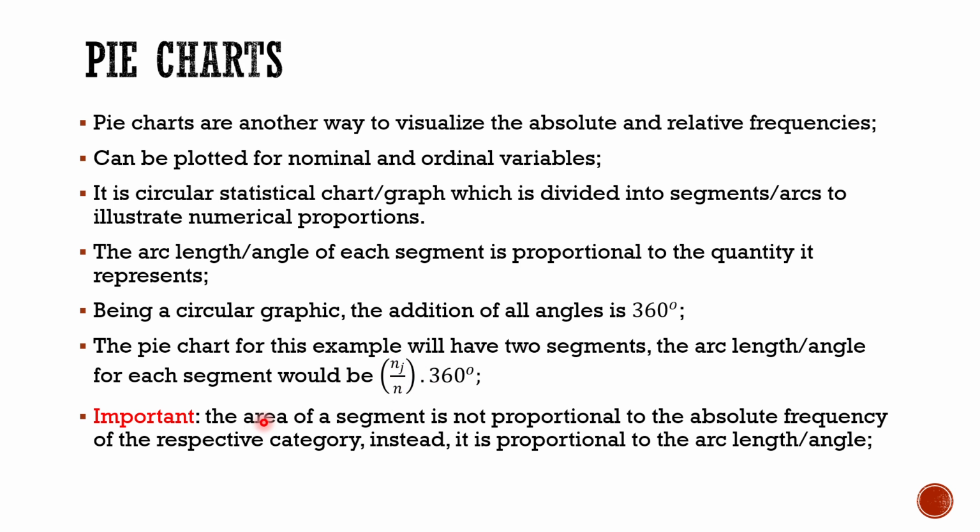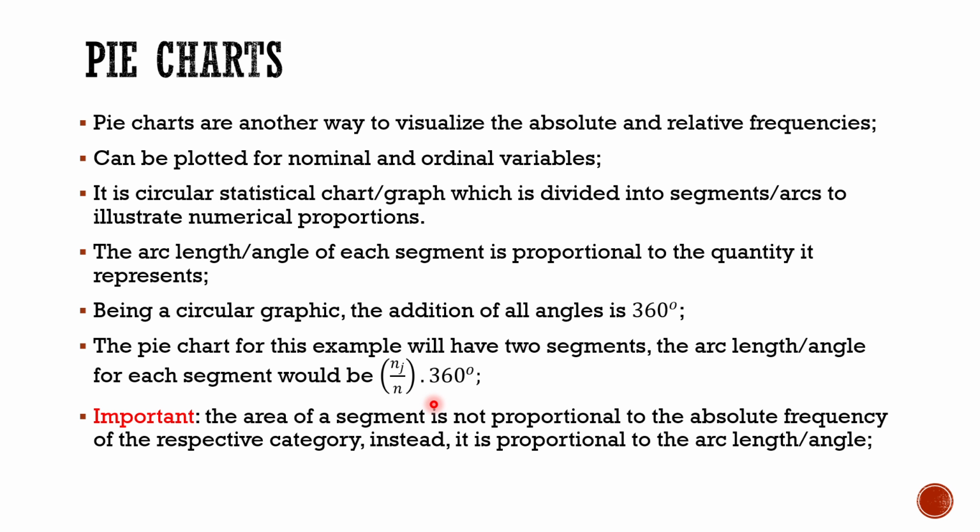It is very important to mention that the area of a segment is not proportional to the absolute frequency of the respective category. Instead, it is proportional to the arc length or the angle. So always keep in mind to first calculate the arc length or the angle of each segment, and only then go for plotting of pie charts.